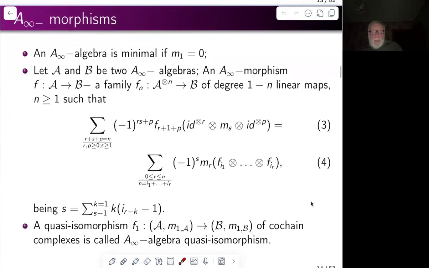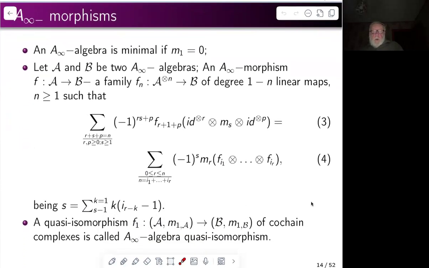If now we have m1 equal to 0 on the first stage, then the A infinity algebra is minimal. And also we can define what is a morphism of two A infinity algebras.